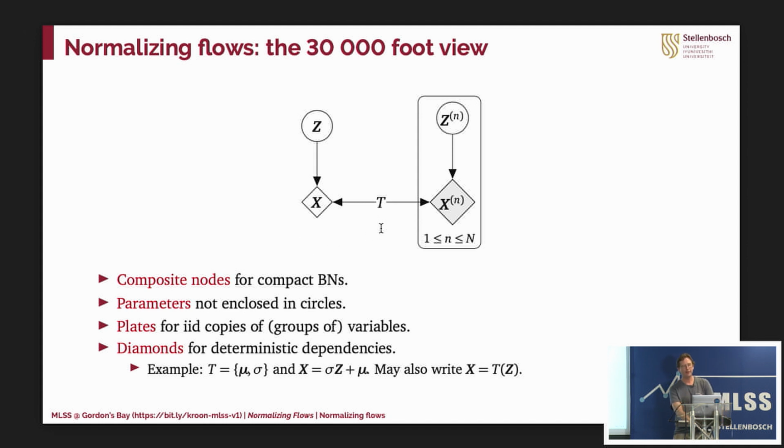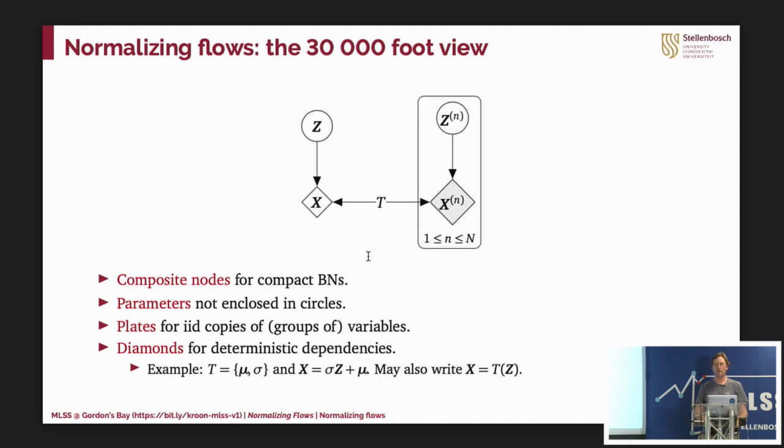So a very, very simple situation might be that if I assume that my X was a simple scalar Gaussian, then I could generate the X by taking a standard normal Gaussian with mean 0 and variance 1 and applying an affine transformation. I multiply by the standard deviation and I add the mean.